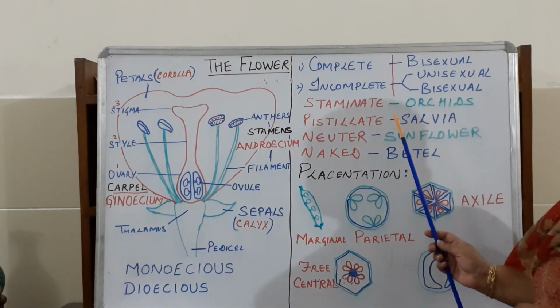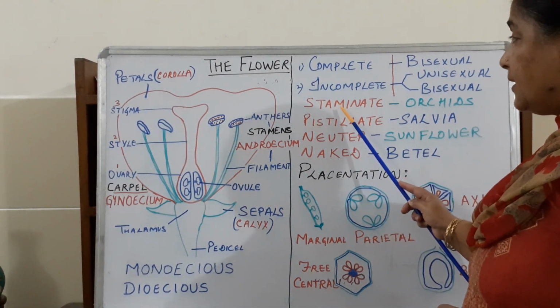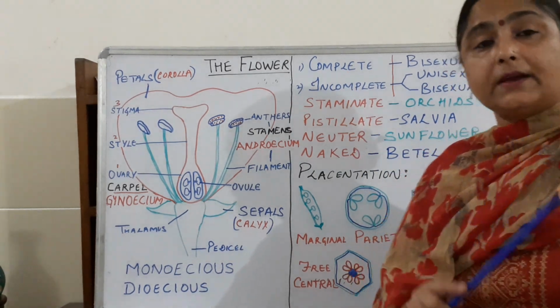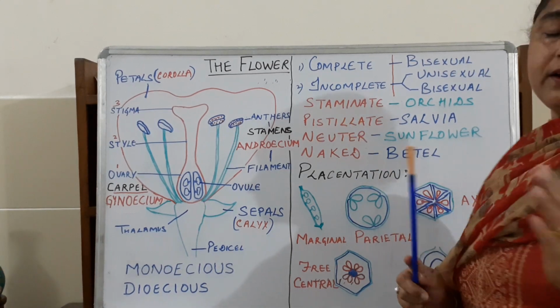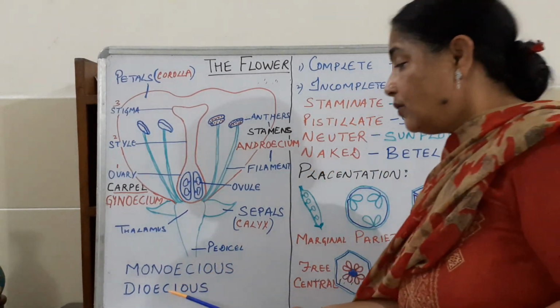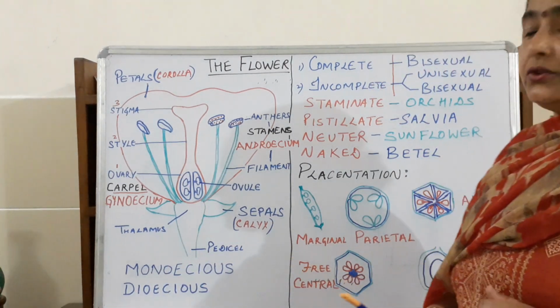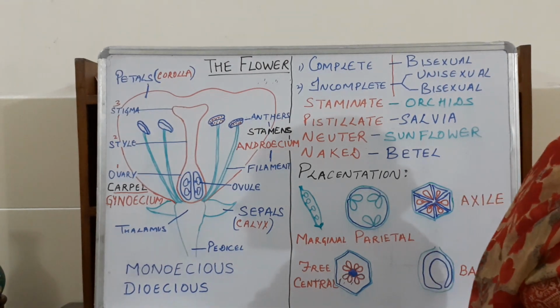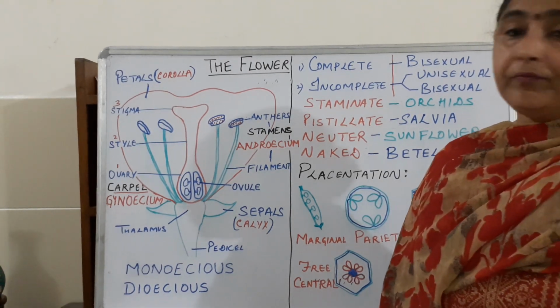And if there are plants where staminate flowers are present on separate plants and pistillate flowers are present on different plants, that condition is called dioecious. So these are the two terms related to which kind of flowers are present on a plant.